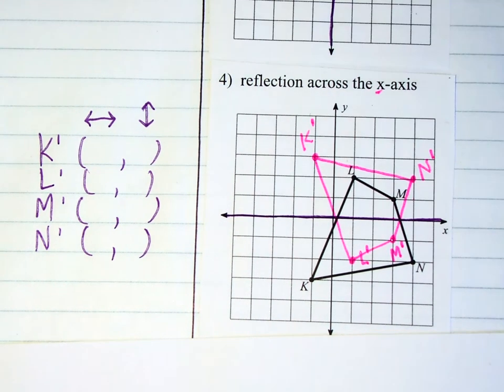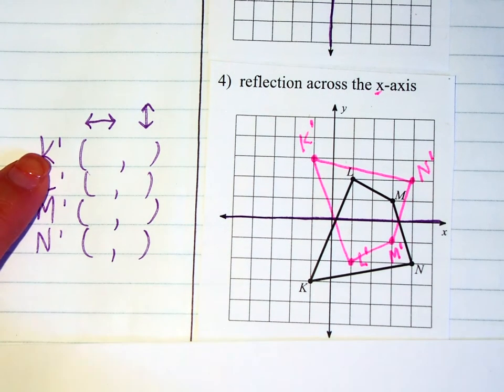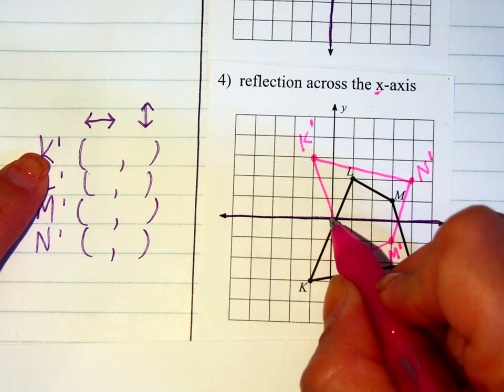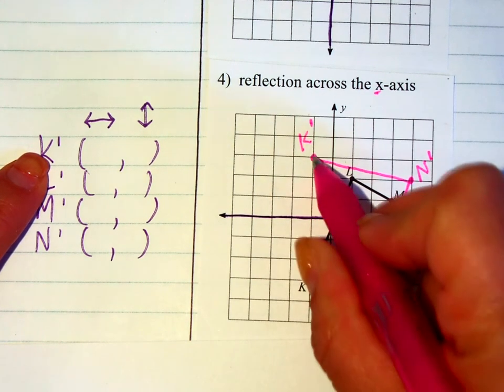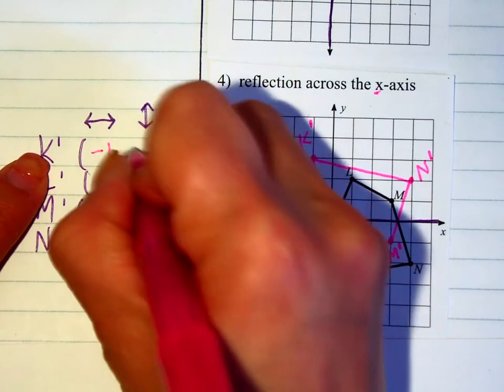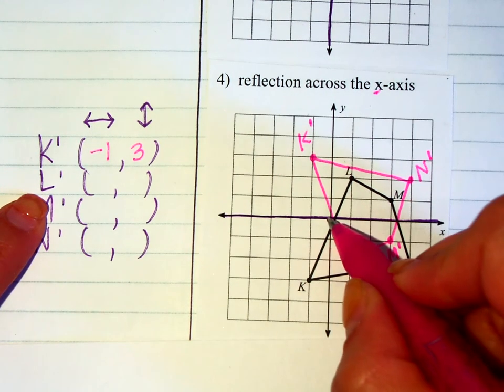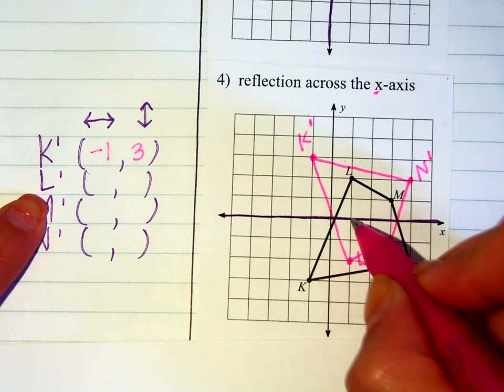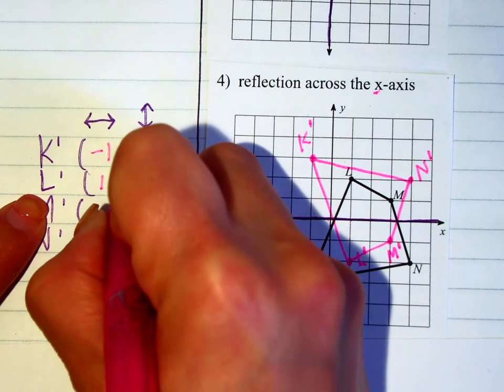Okay. Now let's write the coordinates. Starting with K prime, always go to the origin, and it looks like I'm going to go left 1 and up 3. Left 1, up 3. For L prime, from the origin, I'm going to go 1 to the right and 2 down. 1 to the right and 2 down.